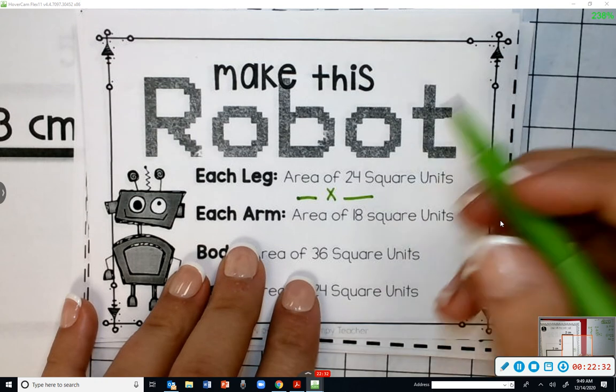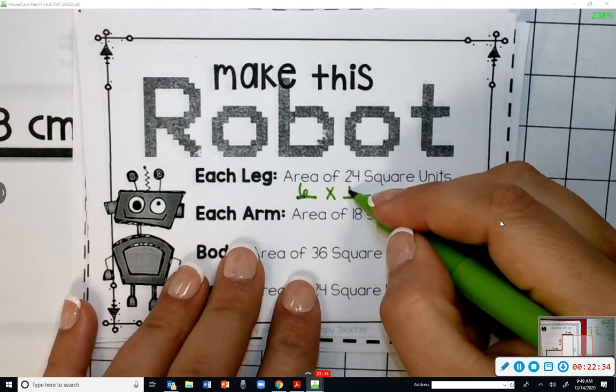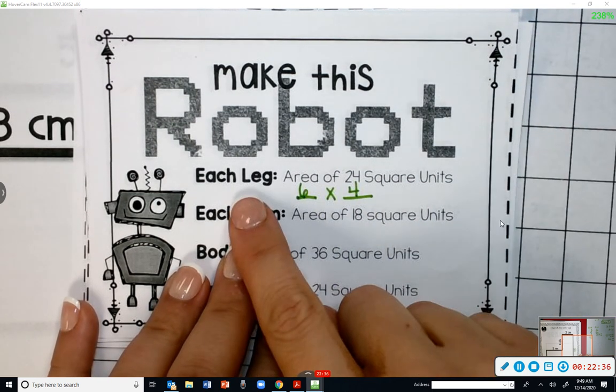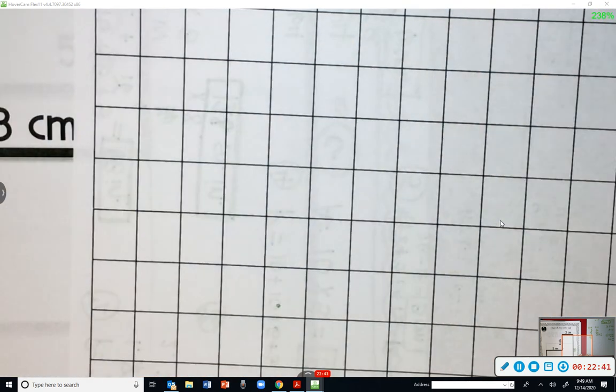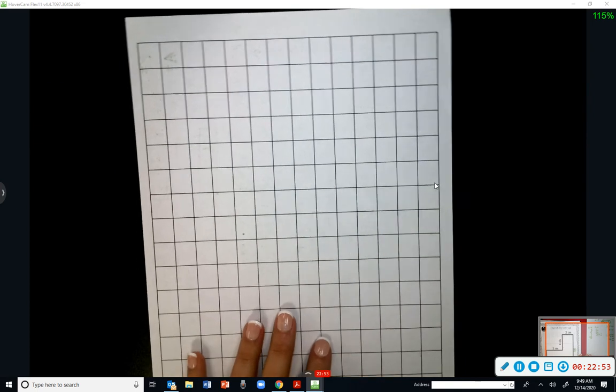So let's just say I want to do 6 times 4 for the leg. So that means I need to go over to my grid paper and now draw a leg that is 6 times 4.